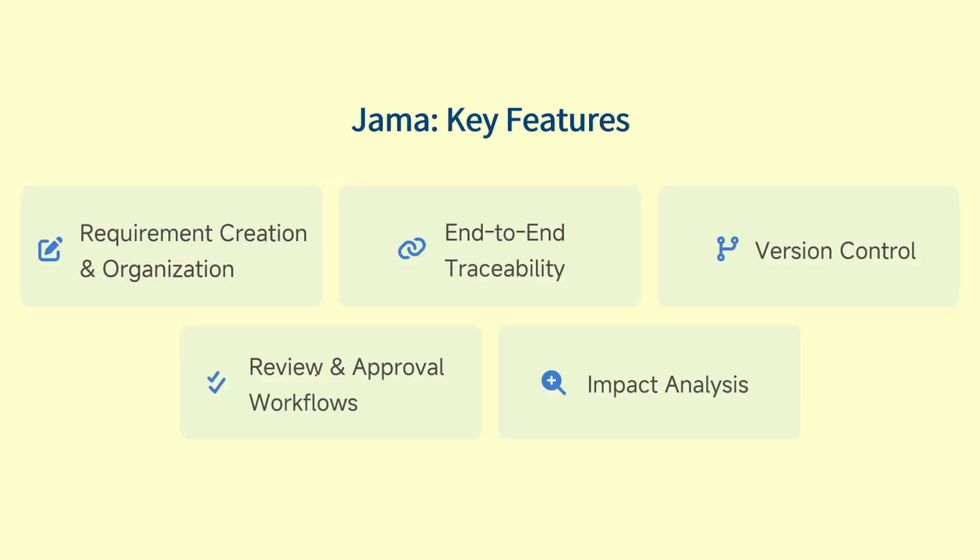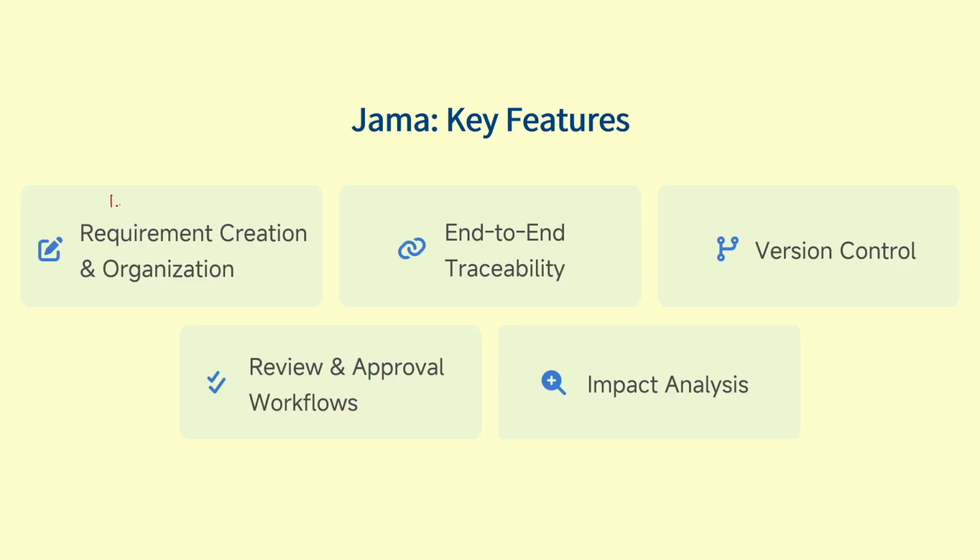So, the key features. One is requirement creation and organization. Each and every requirement, from requirement 1 to say requirement 20, I will be trying to create and also organize them as some modules.